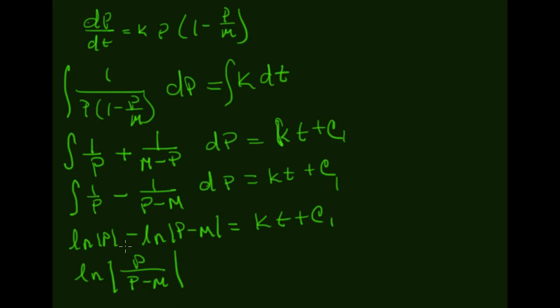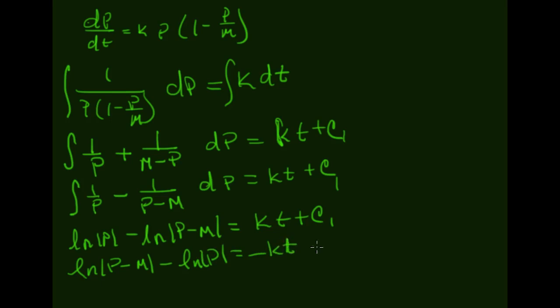Oops, sorry, that's the glitch. There it is. I'm going to change the ordering here. I'm going to say that the natural log of p minus m minus the natural log of p is equal to negative kt minus c1. There we go.